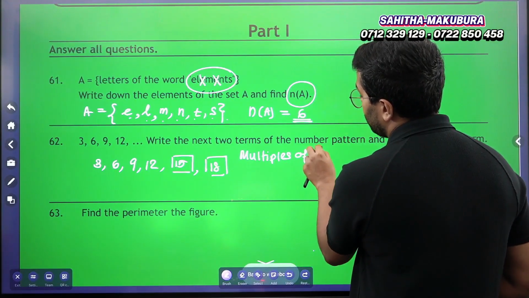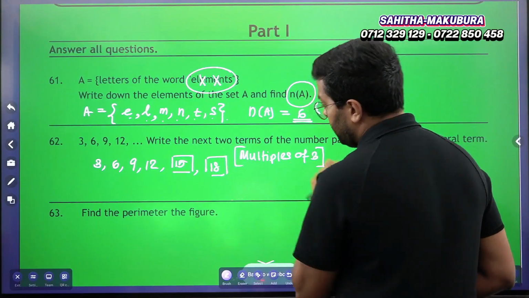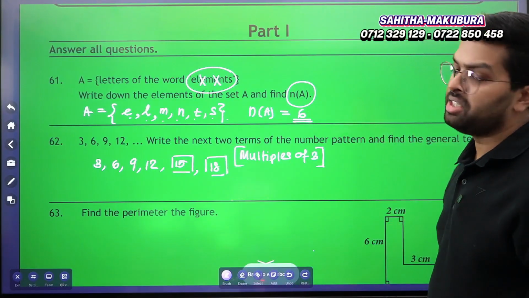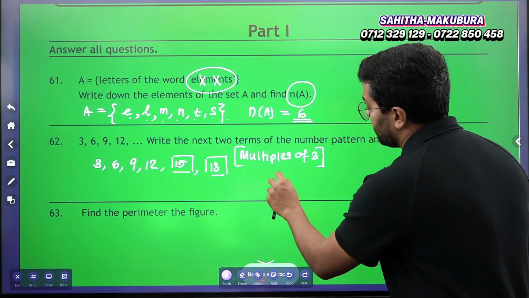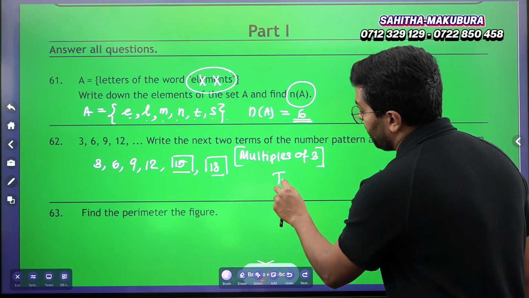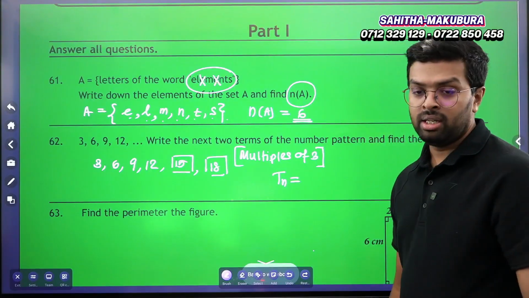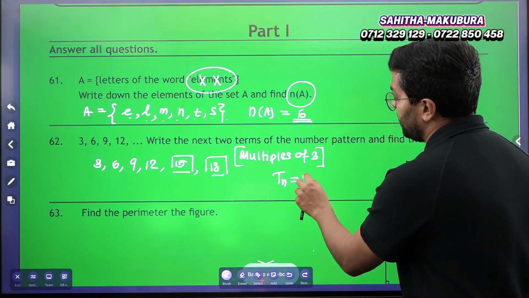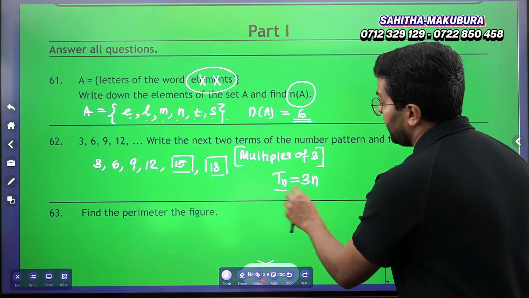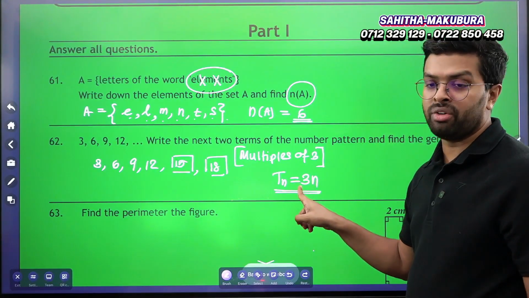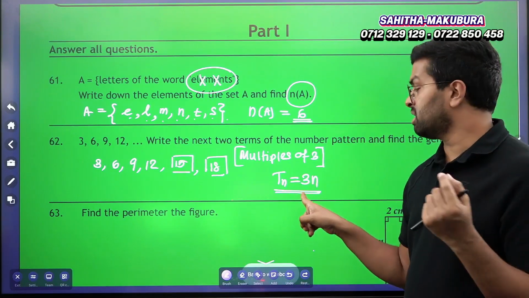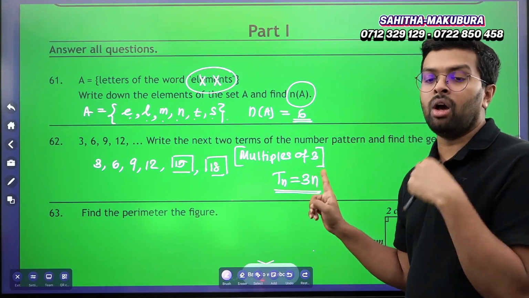When it comes to a multiple of a number, writing the general term is very easy. So how to write the general term? Normally we represent the general term as Tn. The general term of this number sequence, we can write it as 3 times n. If you want the first term, substitute n equals 1.